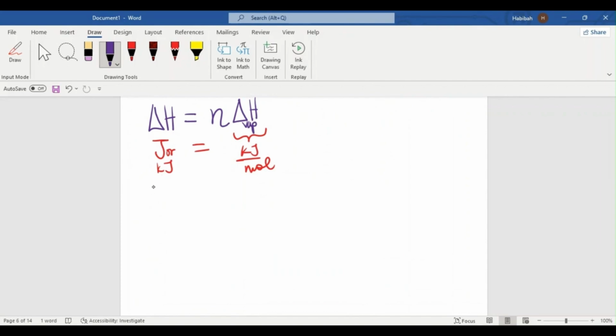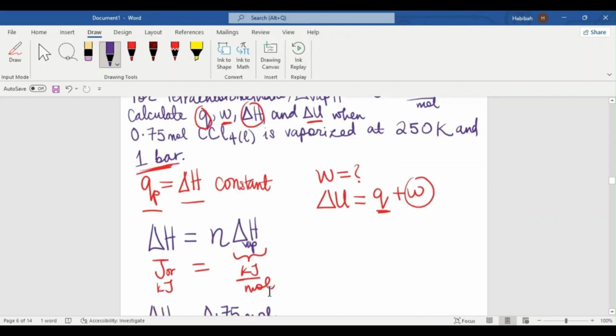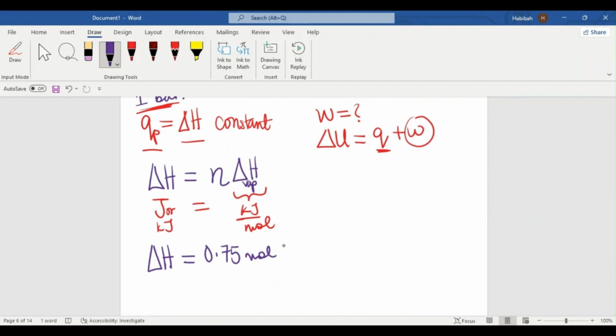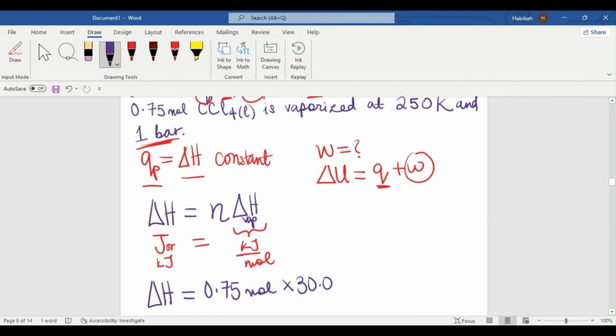So writing that out, the change in enthalpy, which we're supposed to solve, is just the number of moles, which we've been told is 0.75 moles, times the change in enthalpy of vaporization, so times 30.0 kilojoule per mole.